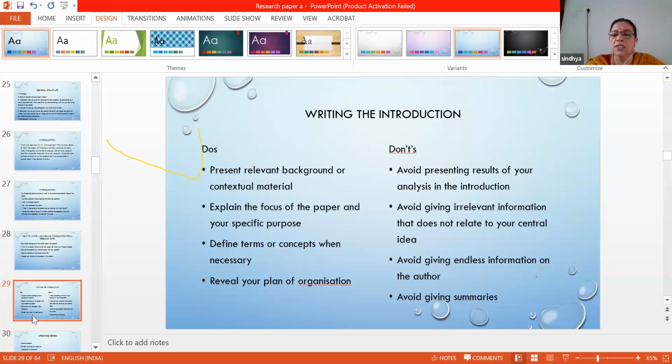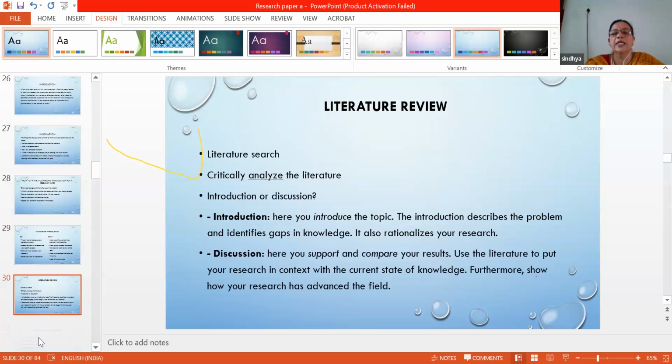And you need not present the result or give irrelevant information and endless information regarding the author, or unnecessary information you need not provide during the introductory part. It should be crisp, it should be specific, it should be a concise explanation of the topic supported by the researches undertaken in that topic. That is the need for writing introduction.